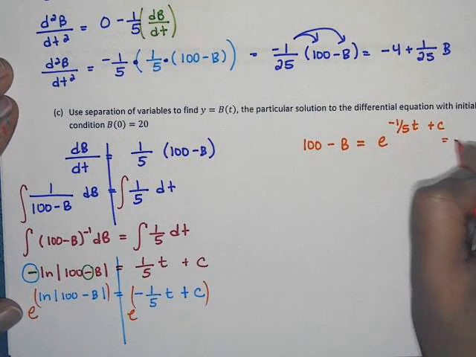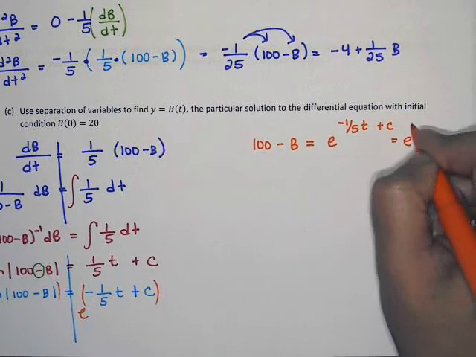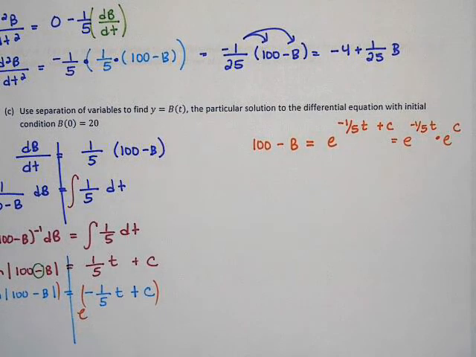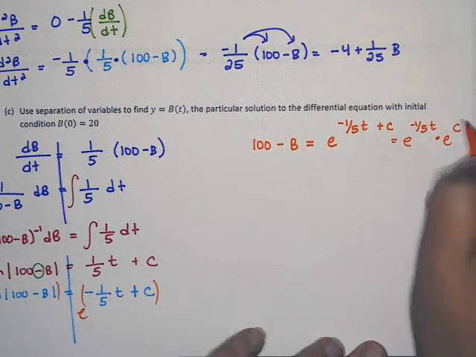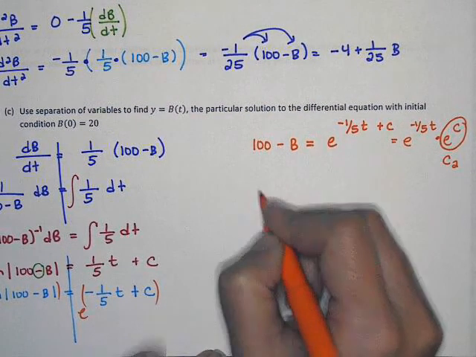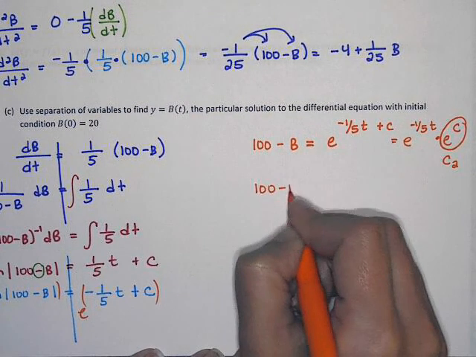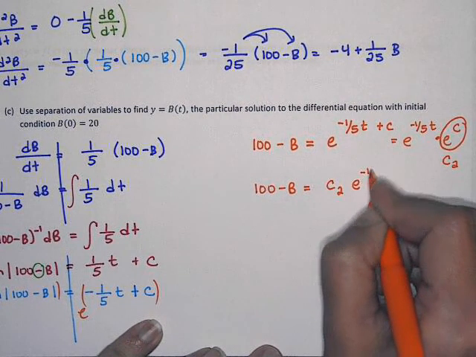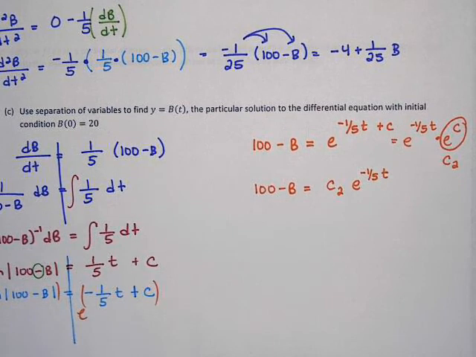I'm going to rewrite this as a product because I know that if my exponent has a plus sign, it was originally a product, and I'm going to convert this to c number 2 and move it to the beginning. So 100 minus b equals c number 2, e to the negative 1/5 t.